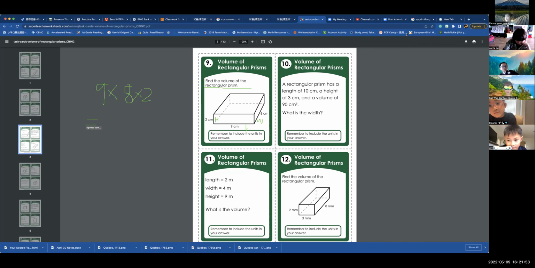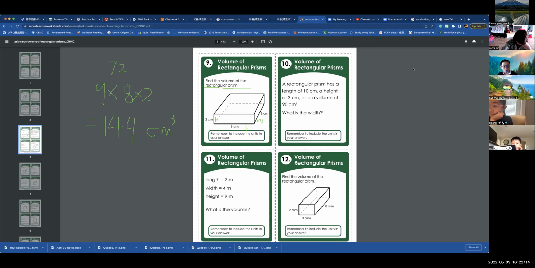And that will equal 144. Because 9 times 8 is 72, times 2 is 144, and it's cm cubed. Is everyone okay with that? Yes. Yes. Okay.